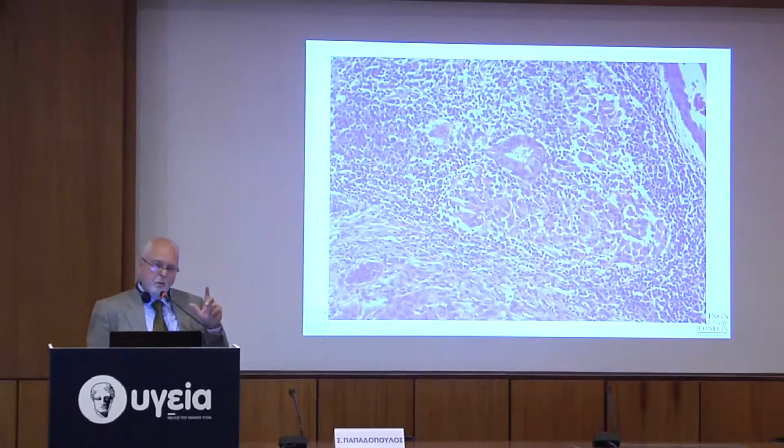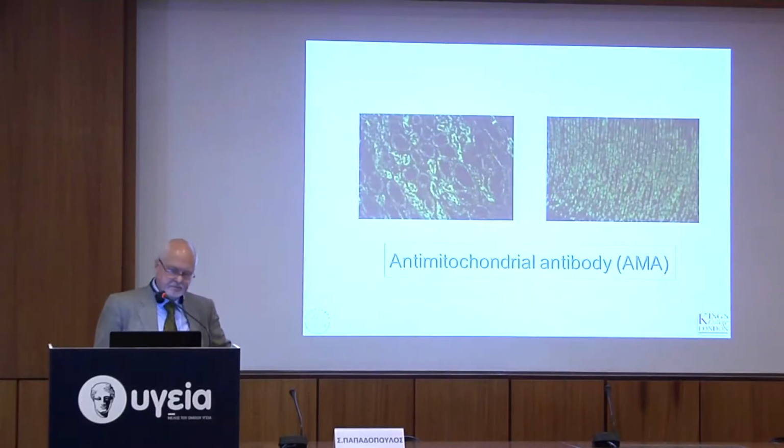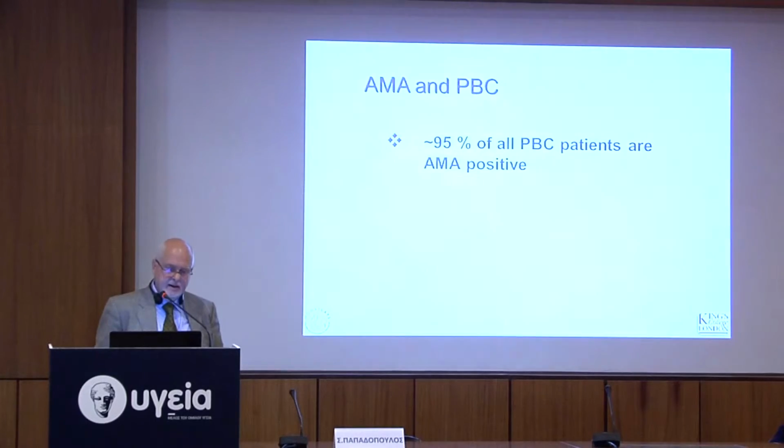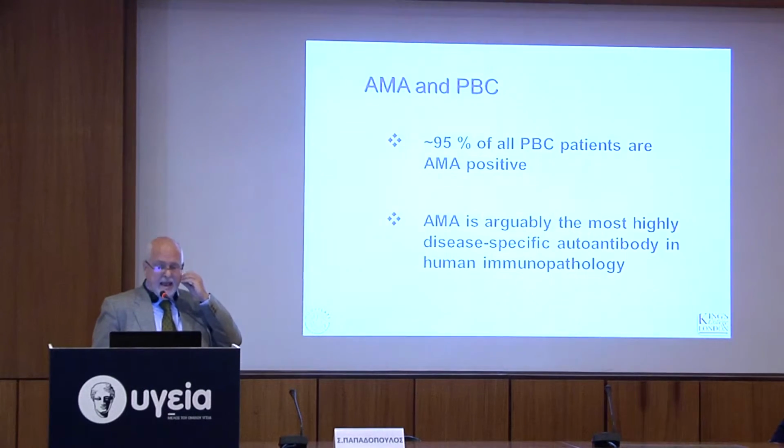So, while in autoimmune hepatitis biopsy is 100% required, it is not in PBC. The antimitochondrial antibody, as we said, is the antibody defining PBC, is present in 95% of the patients, and is arguably the most highly disease-specific antibody in human pathology.